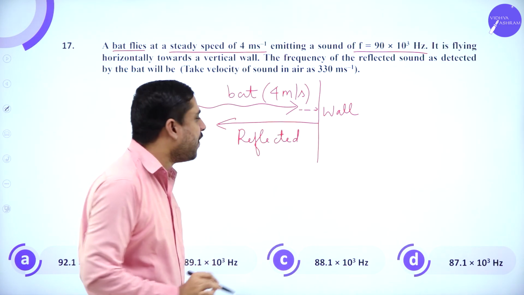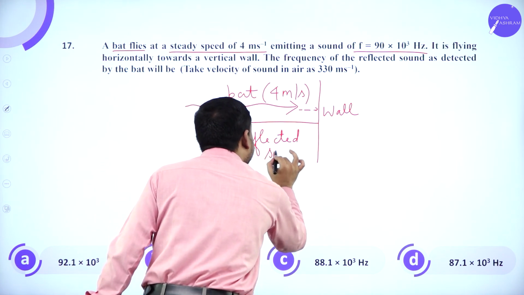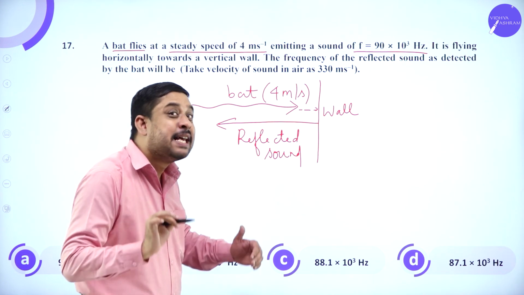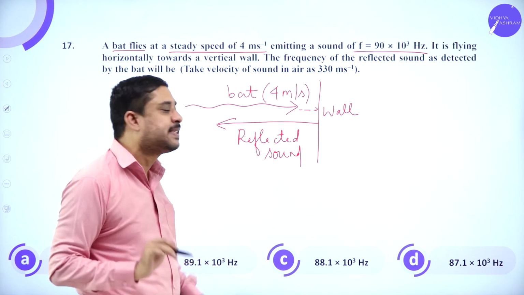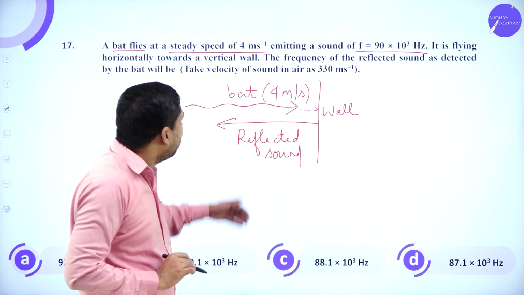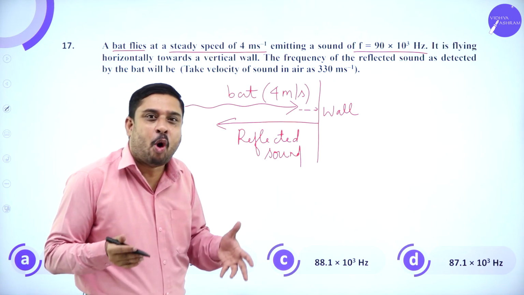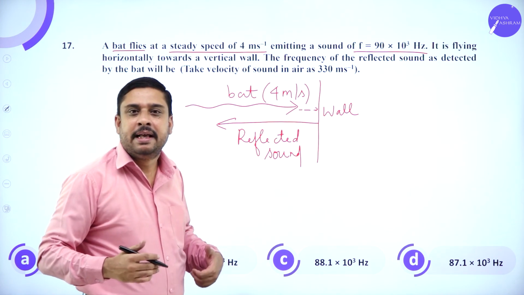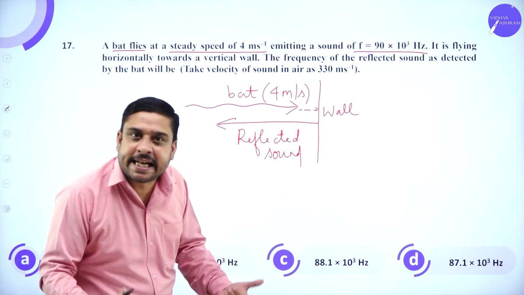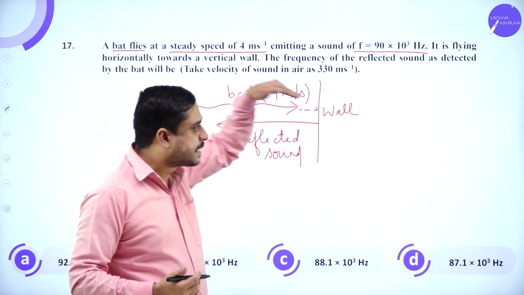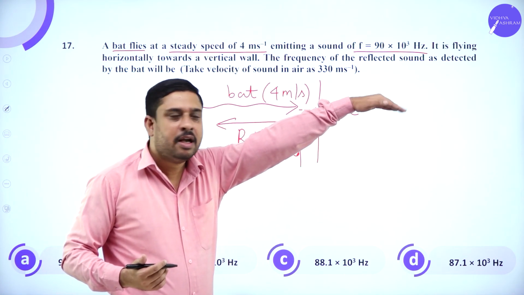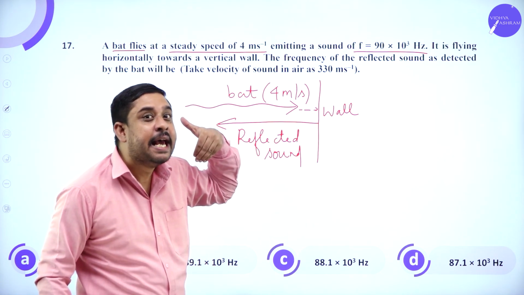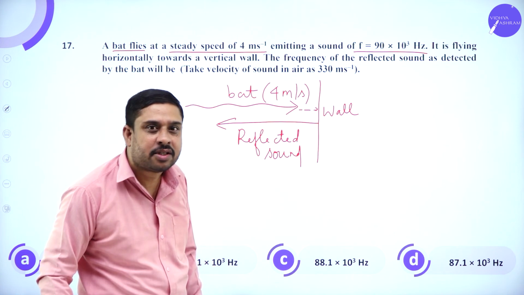I have to find the frequency of the reflected sound as heard by the bat itself. Here the bat is both the source as well as the observer. The bat is generating sound. It strikes the wall. Sound reflects back. What is its frequency as heard again by the bat?